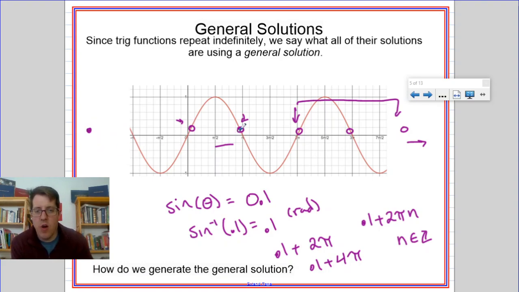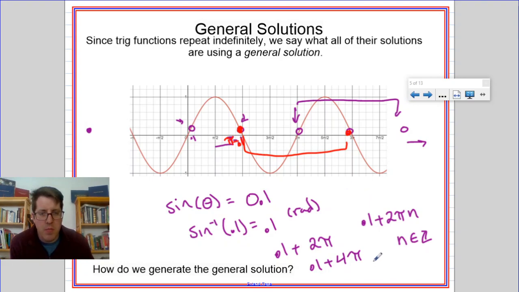Okay, now for this other solution, what is that? Well, if this is 0.1, this would have to be pi minus 0.1. Does that make sense? Think about that for a second. So I'm going to change colors to make this a little bit easier to see. This point right here is pi minus 0.1. Okay? Which would make this point 2 pi away from it.